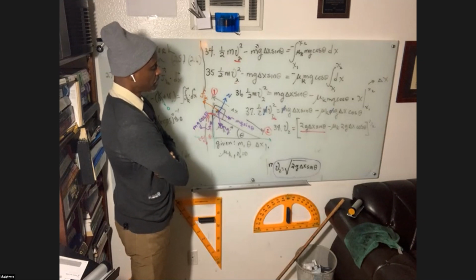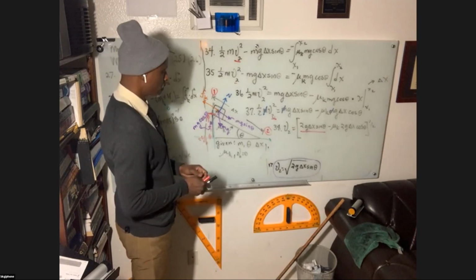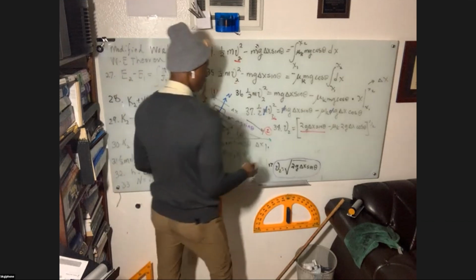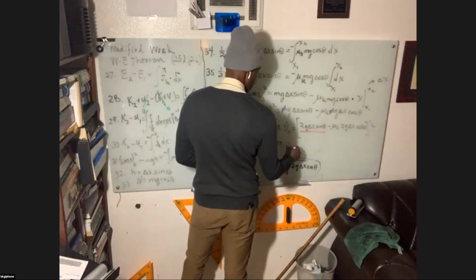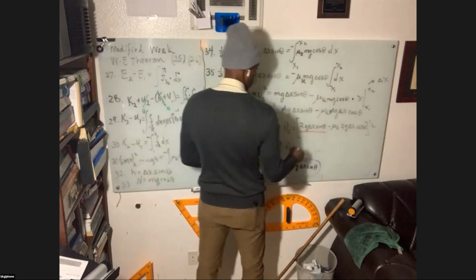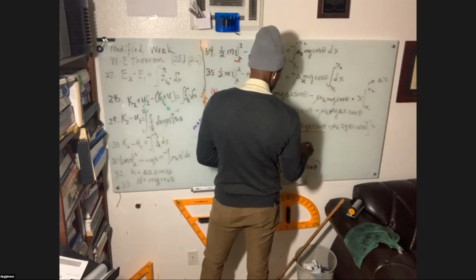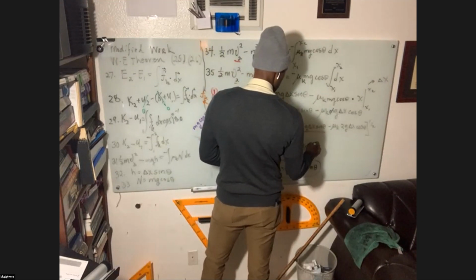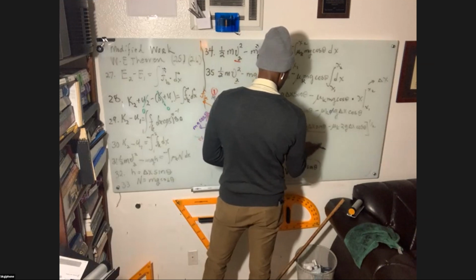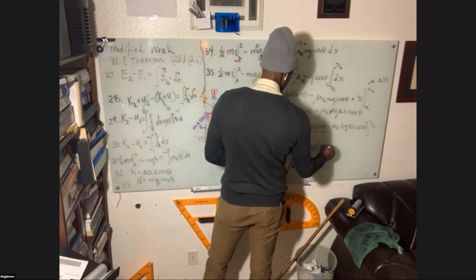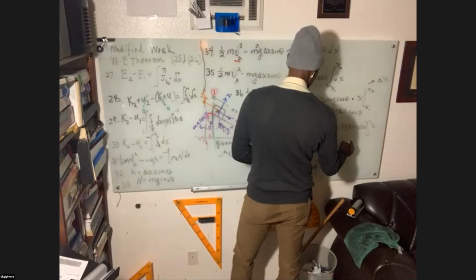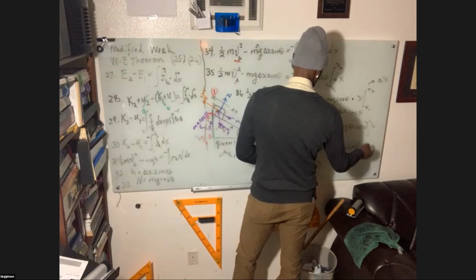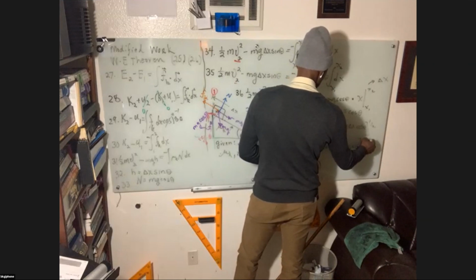So we could stop there, but I like to simplify a little better, to my taste. V sub 2 is equal to the square root of, factoring out the 2g delta x, brackets 2g delta x, and then in parentheses sine theta minus mu sub k cosine theta, parentheses and then brackets again.